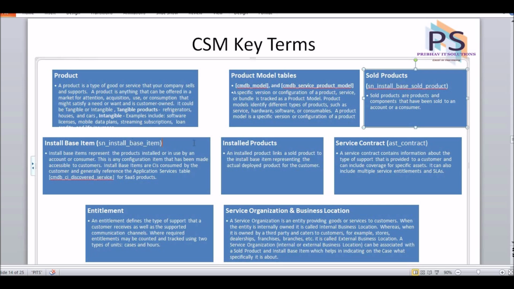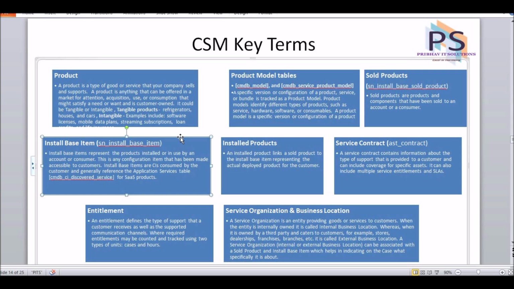Now install base and installed product. Installed product is the actual product that is installed at the location. Okay. So here the refrigerator is actually the installed product. Install base could be the software which is installed as part of the intelligent sensor or Autofrost, right? There might be a possibility that the software is not working.